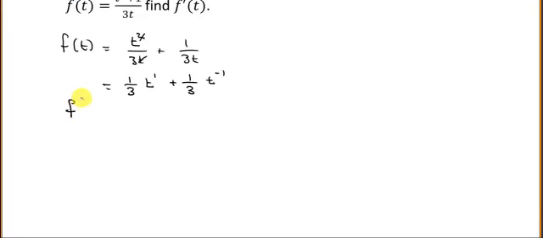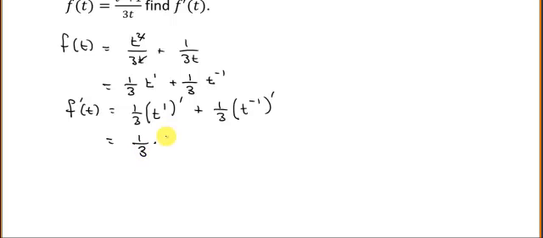Now the derivative, using Newton's notation, the derivative of f of t is going to be 1/3 times the derivative of t to the first plus 1/3 times the derivative of t to the negative first. And this will be 1/3 times, using the power rule, 1 times t to the 0, plus 1/3 times, again using the power rule, negative 1, the old exponent out in front, times t to the, now reduce the exponent by 1, negative 1 minus 1 is negative 2.